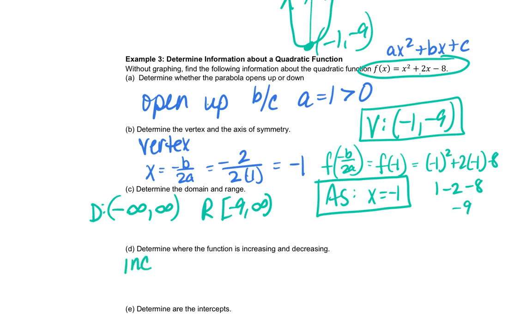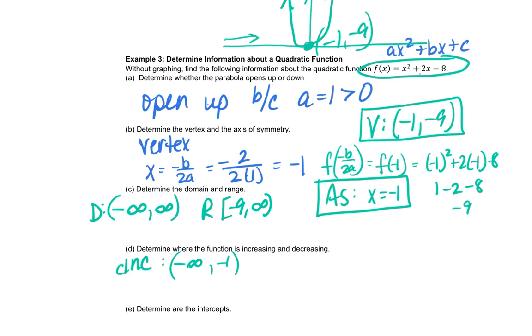Now increasing and decreasing: you remember you're looking at your x. So I'm coming in from negative infinity and I'm bumping into negative 1. So increasing is looking at the x intervals. Once we hit that negative 1, we're going back out. Actually, I wrote that backwards.